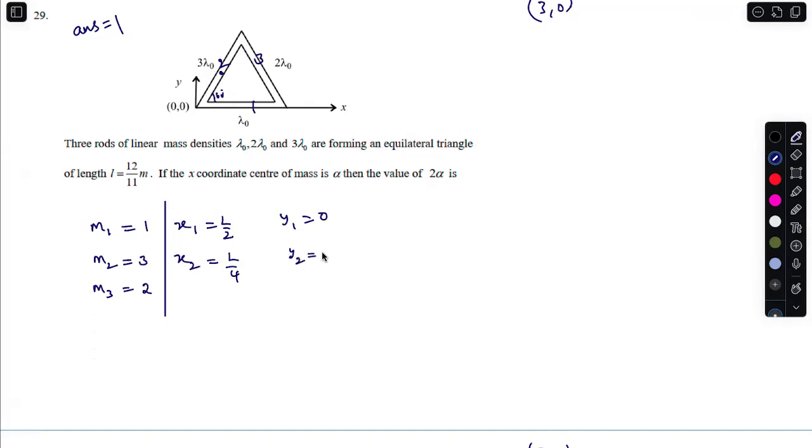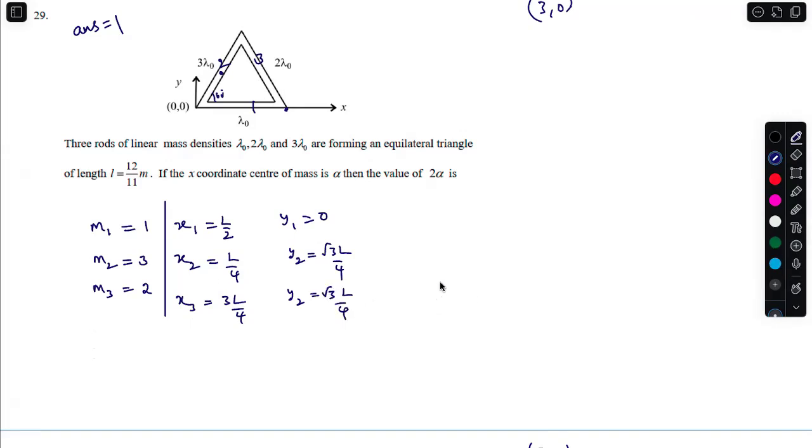And y2 is L by 2 sine 60, which means root 3 L by 4. By the way, x3 is more or less the same, but from this end it is L by 4, so this becomes 3L by 4. Y2 is more or less the same.